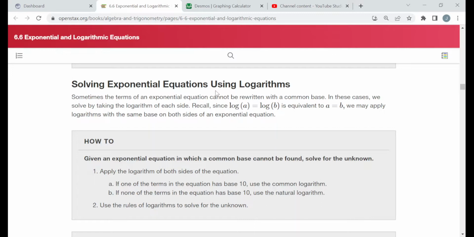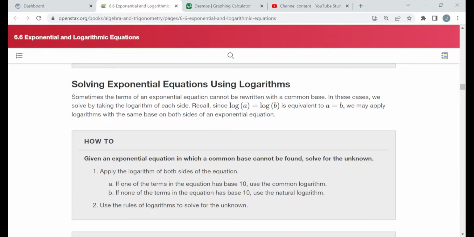There are going to be several kinds of exponential equations we'll see in this video. Some where there are two different bases to a variable power. Some where there's just one base to a variable power. And some that are like a quadratic equation. So we'll see a bunch of stuff.